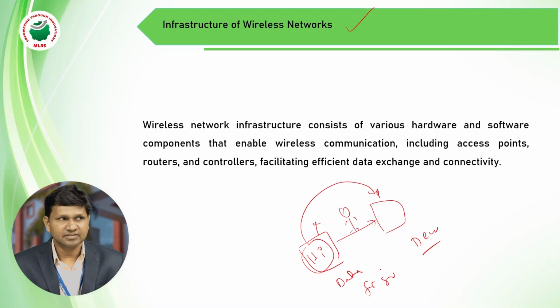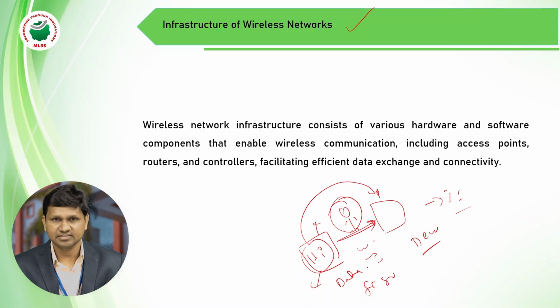So in these cases, we need some infrastructure, right? Device, wired or wireless communication media and protocol, and some cables, routers, switches. This entire process is called communication media for sending and receiving messages or data for communication purposes.